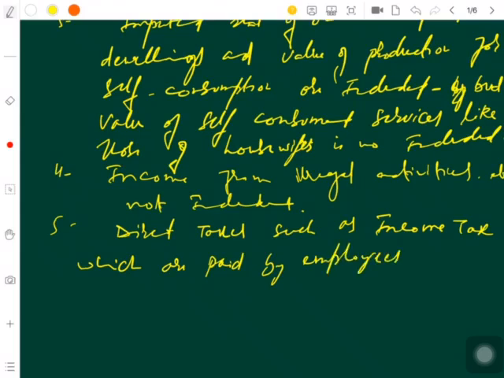Direct taxes are paid by the person on whom they are levied, that is an employee. If he is earning a salary and his salary crosses the limit of the tax slab, then he will have to pay a tax. That is why it is a direct tax, and income tax is the greatest example of a direct tax. Employees pay it from their salaries.